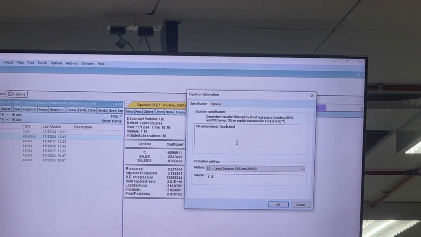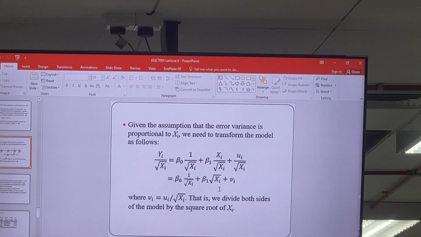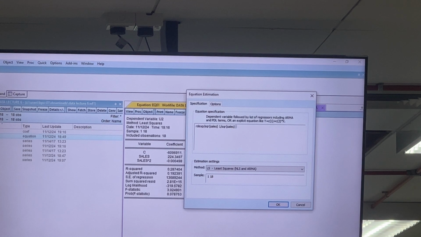Then this one, square root of sales, SQR.